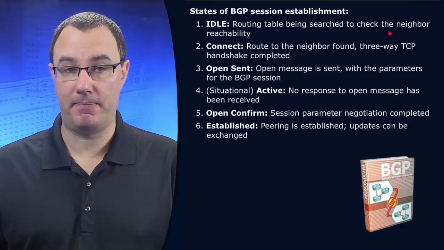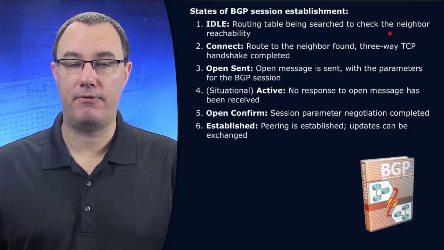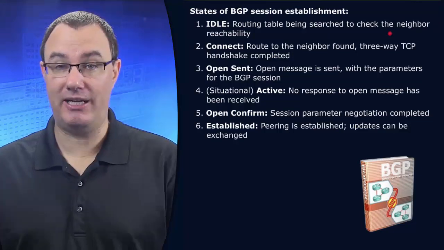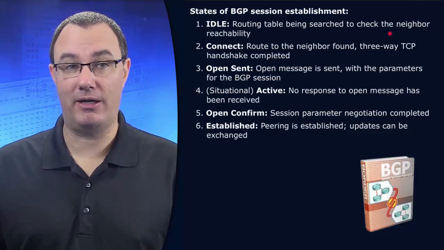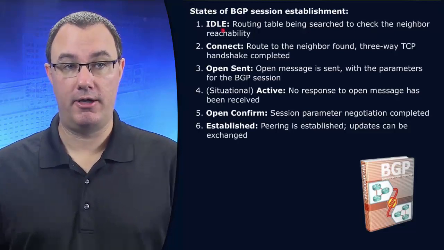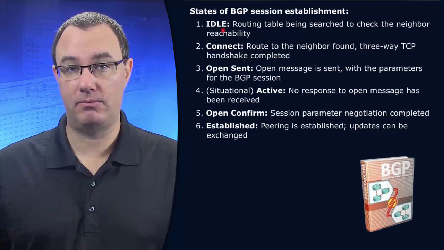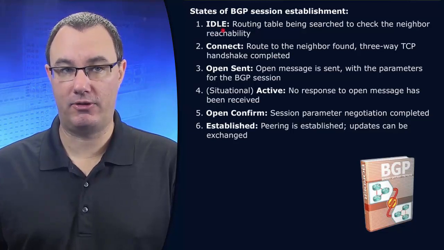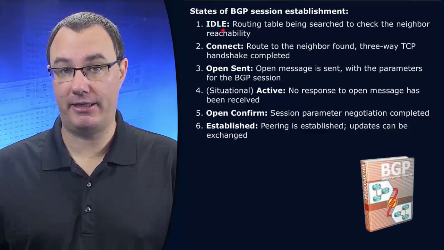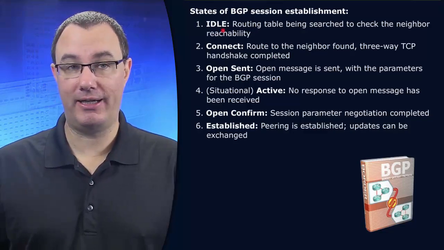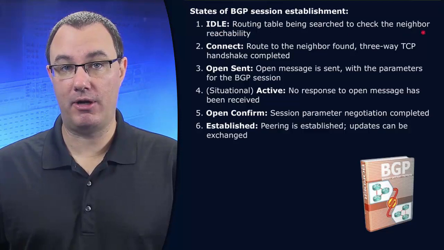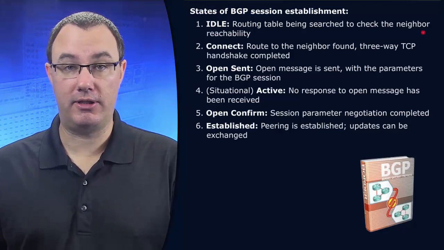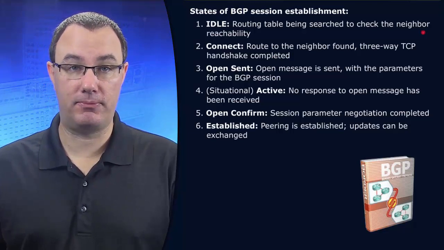Now, assuming that we have found an entry that matches, and secondarily, assuming that it is not a default route, we can go beyond idle. But I want you to see that if we see idle, that means we don't know how to reach that IP address. So you'd troubleshoot accordingly. Why is it that we cannot reach the neighbor IP address? Maybe it's a bad IP address. Maybe it is not being advertised within the IGP of our autonomous system.